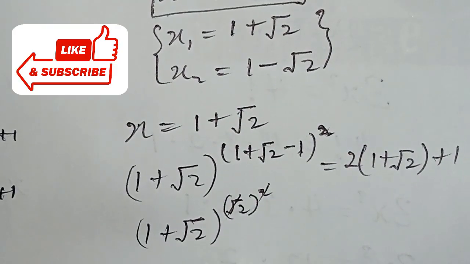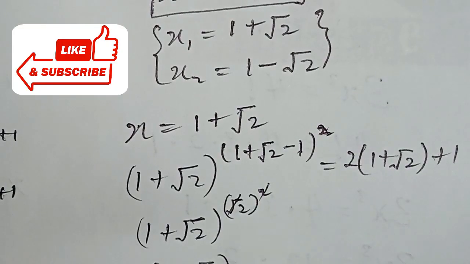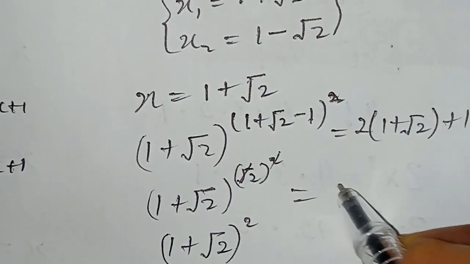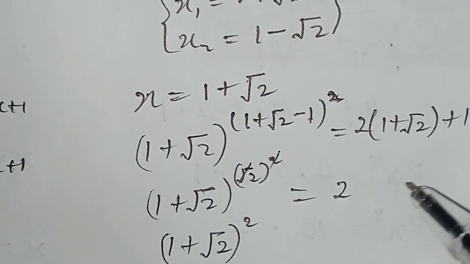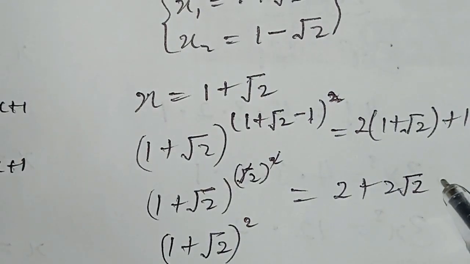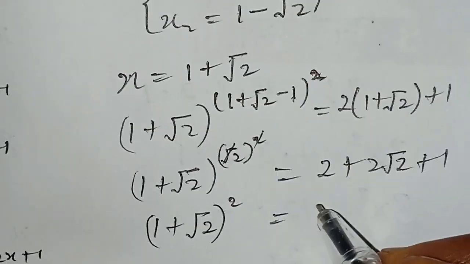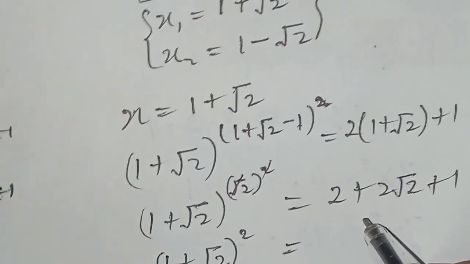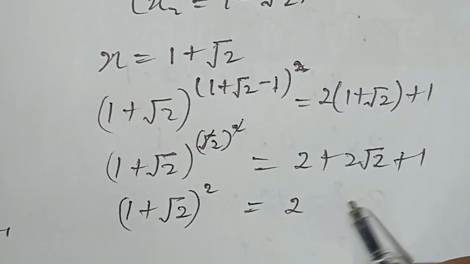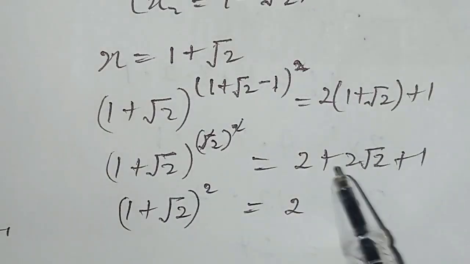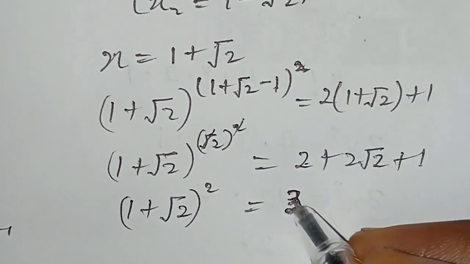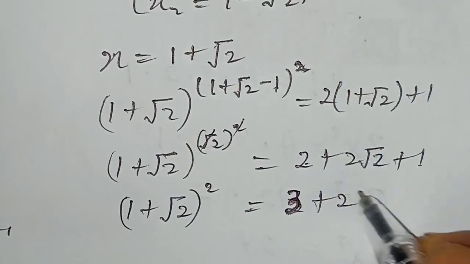We now have 1 plus the square root of 2 into bracket to the power of 2, and this is equal to 2 plus 2 square root 2 then plus 1, and that will be equal to 2. So we can add this plus this together to give us 3, plus 2 square root 2.